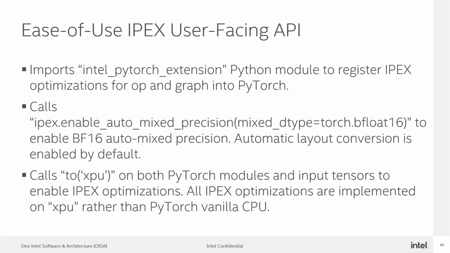With this single API function invocation, IPEX will do the automatic mixed precision computation with bfloat16. The automatic data layout conversion will be enabled by default. If you don't use bfloat16, or if you use float32, what you need to do is just invoke the .to('xpu') function on both the modules and the input tensors to run the code with IPEX optimization.